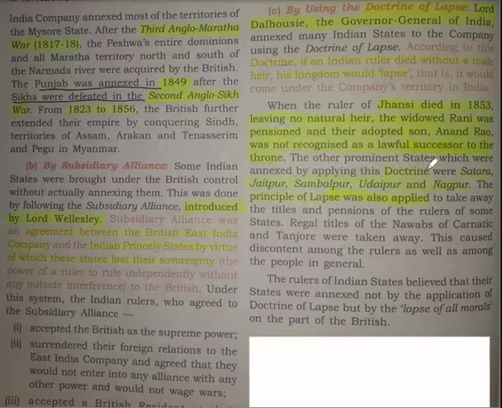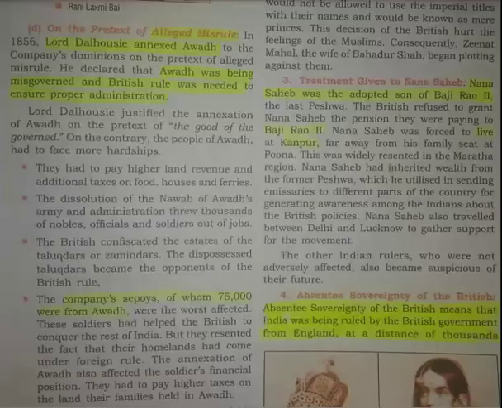So the states which were annexed by applying the doctrine were Satara, Jaipur, Sambalpur, Udaipur, Nagpur. Now, alleged misrule.